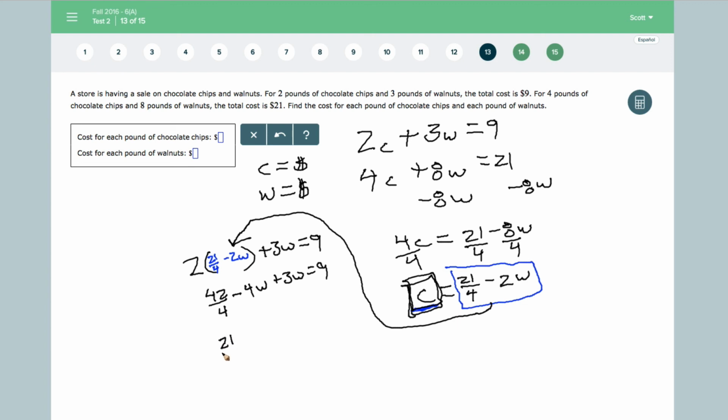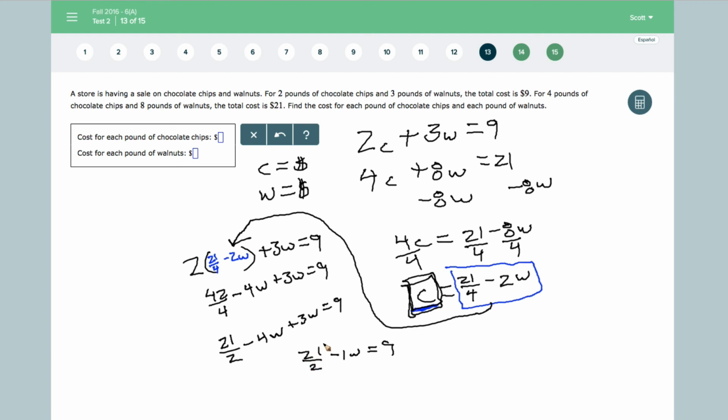So 21 over 2 minus 4w plus 3w equals 9. I'm going to combine the w's, giving me 21 over 2 minus 1w equals 9.